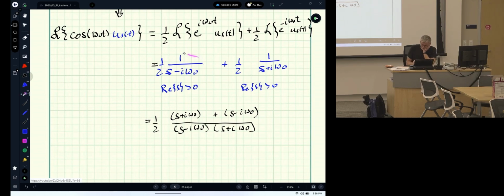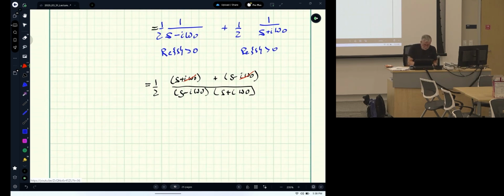Right, so we multiply top and bottom here by this one, and here we multiply top and bottom by this one. This cancels with this. So we get 1/2 times 2s.